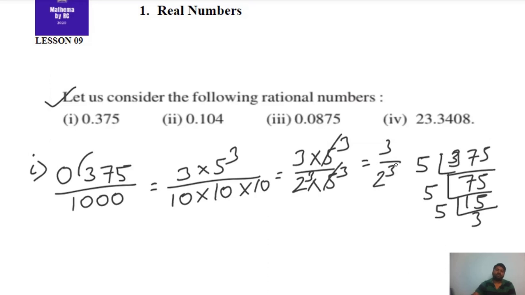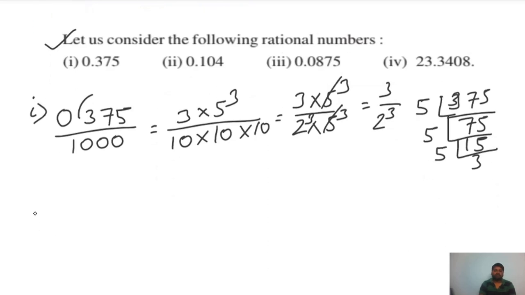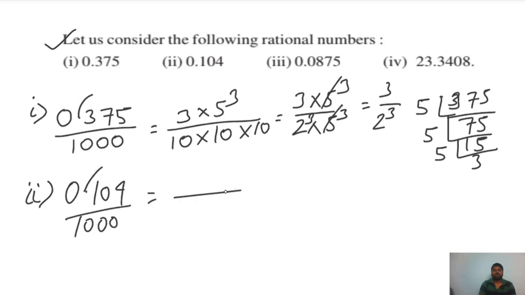Similarly, here we take the second number, suppose 0.104. Therefore when we omit the decimal we get 1000, that is 2 cube and 5 cube, and we take the numerator as 104.